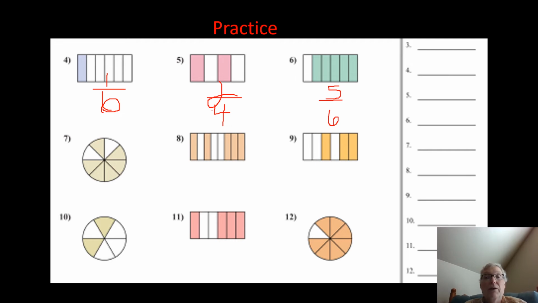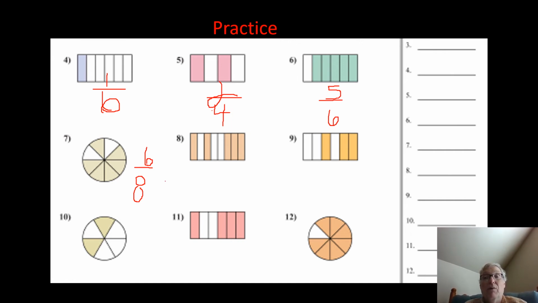Let's take a look at number 7 here. Again, we need to find the total number of equal parts. There are 8. Now I want to count how many of these are colored. There's 1, 2, 3, 4, 5, 6. So 6/8, or 6 out of 8, are the colored pie shapes.